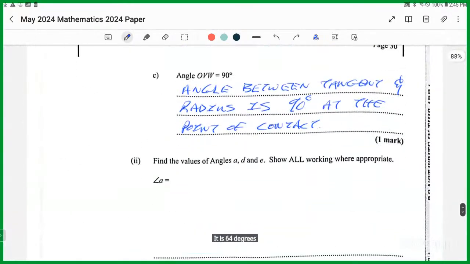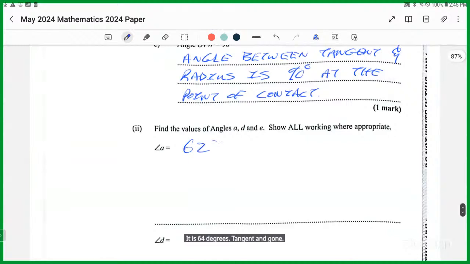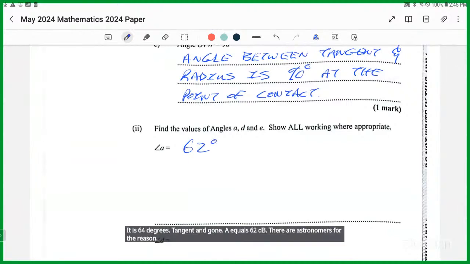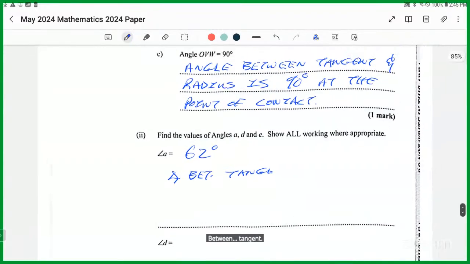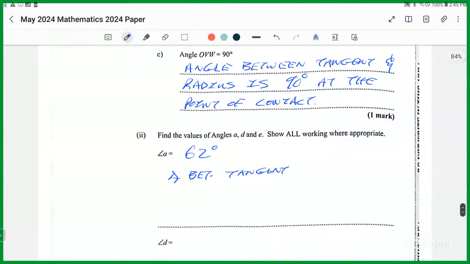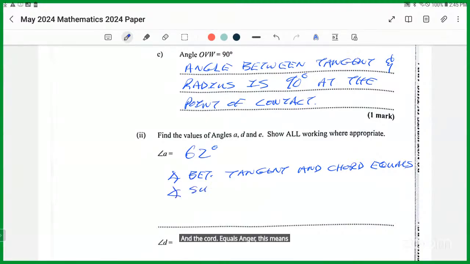Then if asked for the reasoning, I can write: angle between tangent and chord equals angle subtended by the chord.